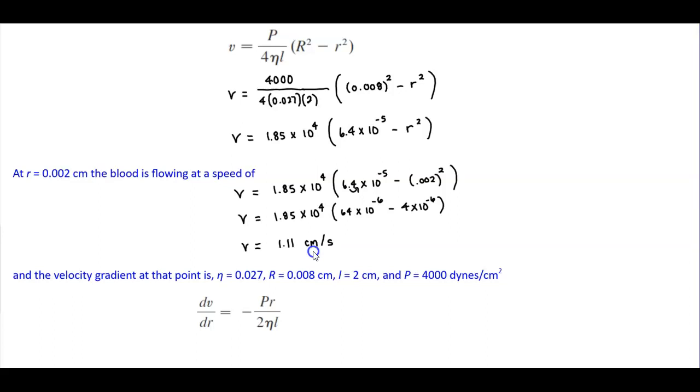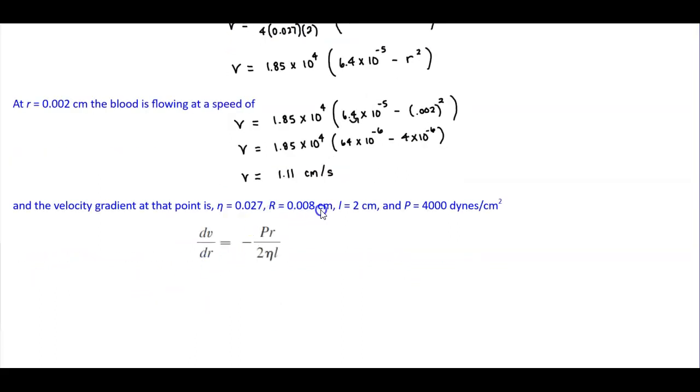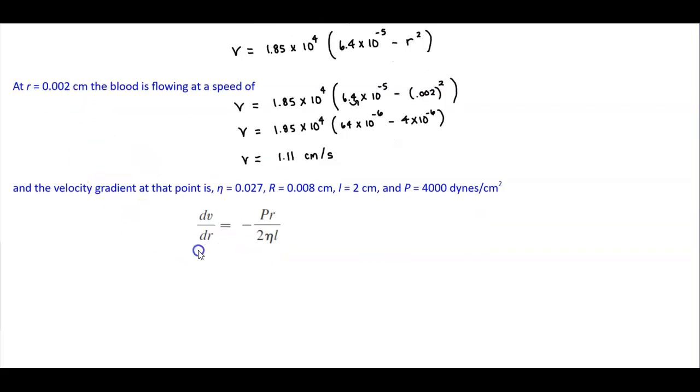Now we want to find the velocity gradient at that point. We're going to use these values when r is equal to 0.002 to find the velocity gradient, because now we're using the derivative function.